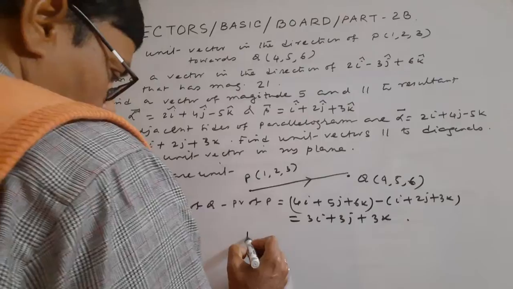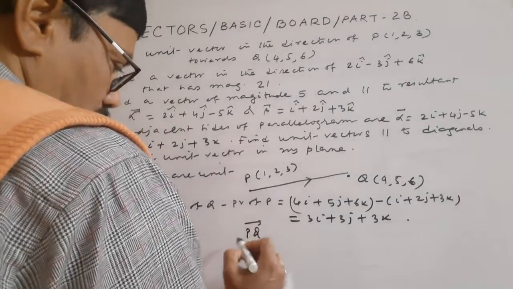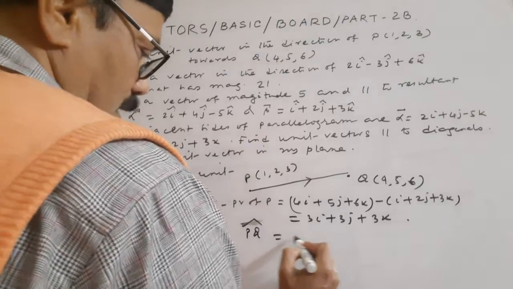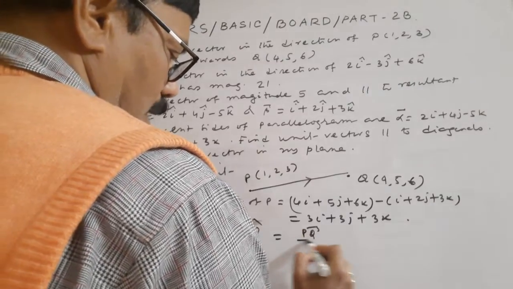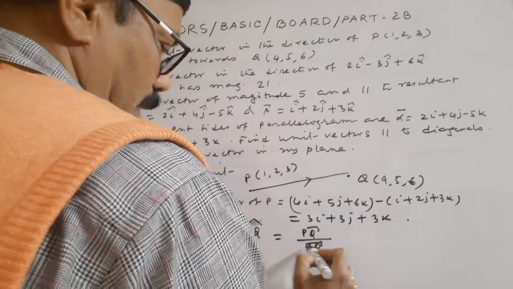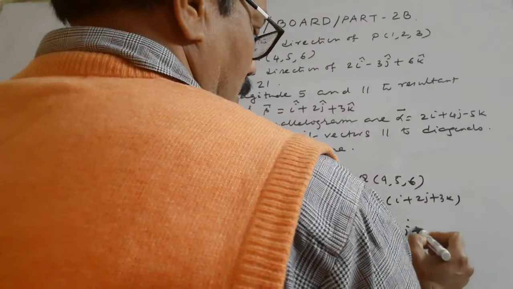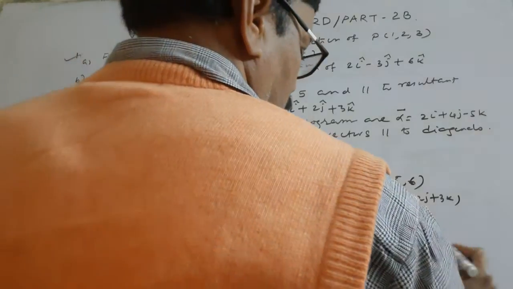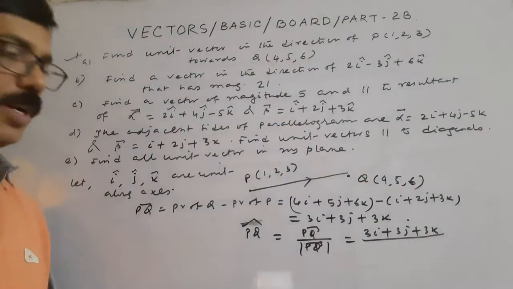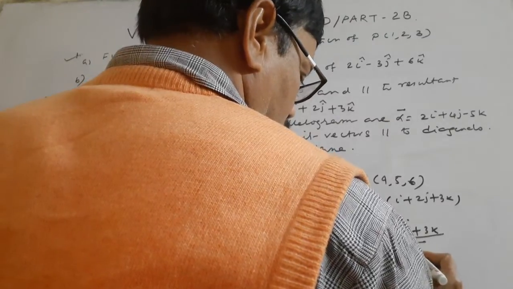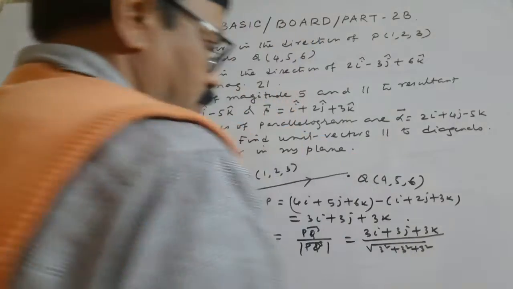So, we need PQ cap. So, this equals PQ by mod of PQ, magnitude of PQ. So, 3i plus 3j plus 3k is the PQ vector. And what is the magnitude? Root of 3 square plus 3 square plus 3 square.